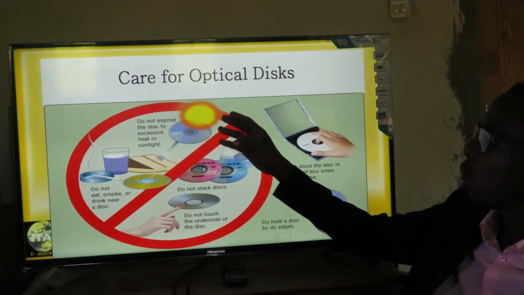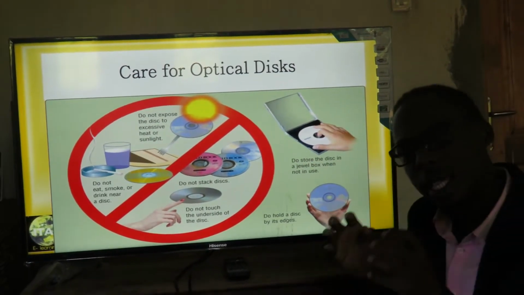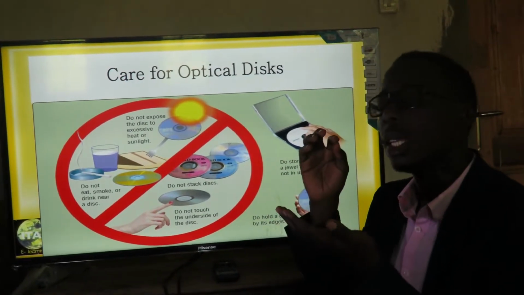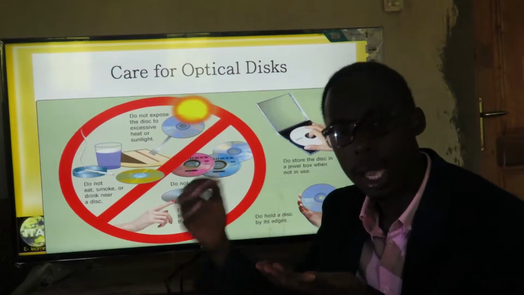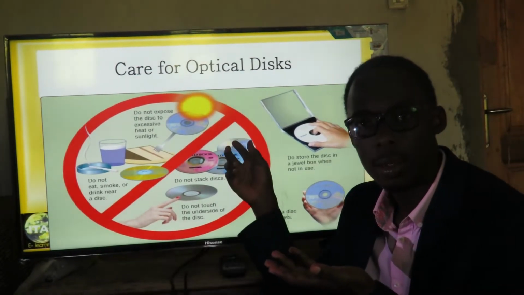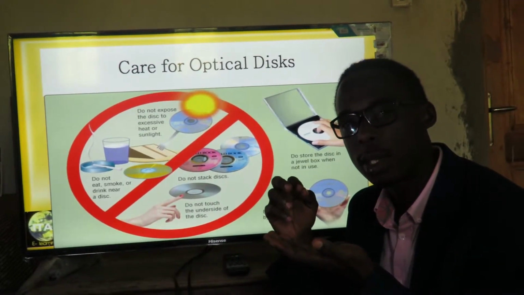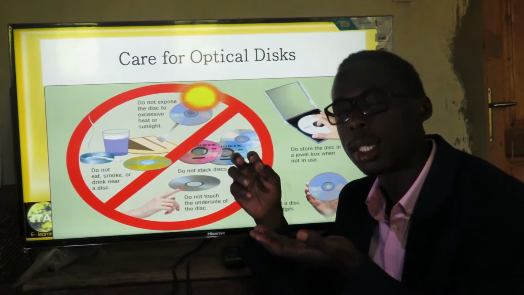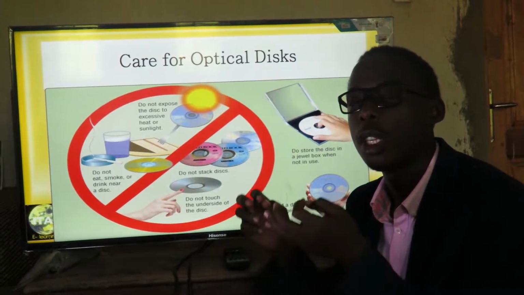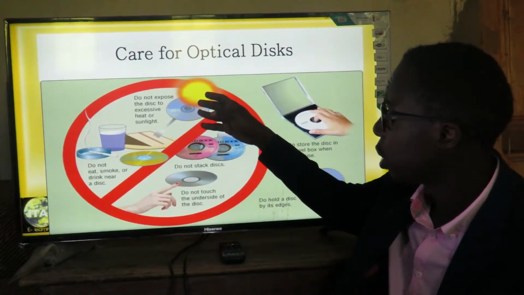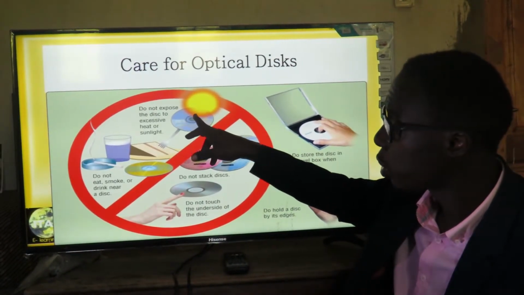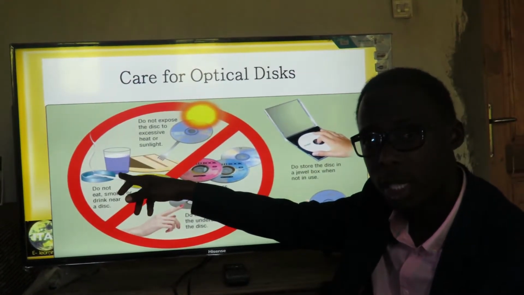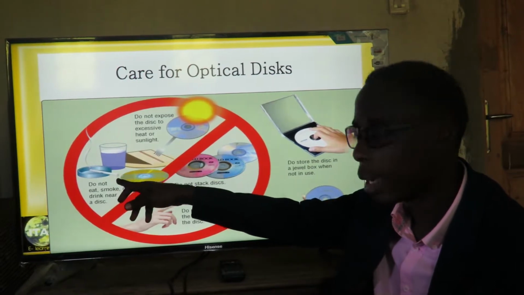Care for optical devices. When we are taking care of optical devices, these devices are very sensitive, since the device that reads or writes the data onto these devices uses a small device that is called the eye. This eye is very sensitive, therefore we need to take care of the optical storage devices. Do not expose them to direct sun rays, do not expose them to wet surfaces or water.